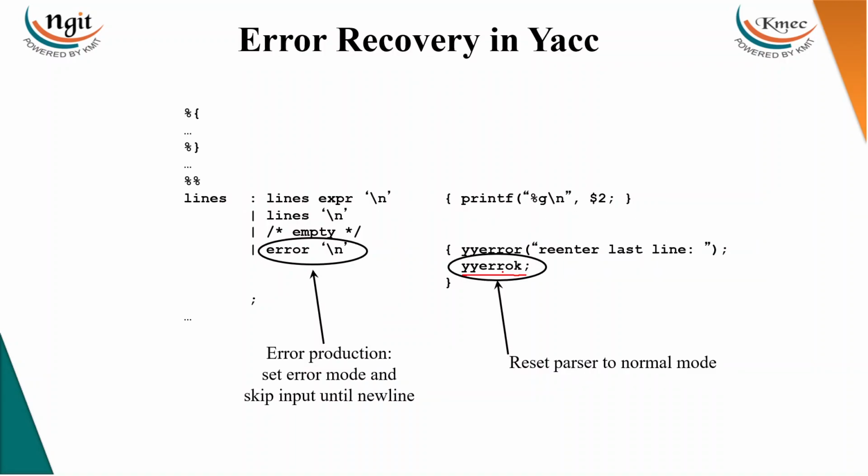We have many other error recovery methods in YACC, but we have just gone through the most popular one. Whenever you get an error, we recover by using some appropriate message or by calling some error handling method. So this is about the parser generator.